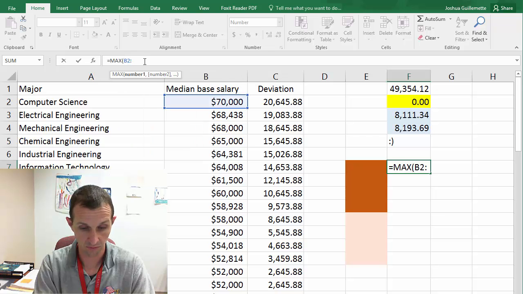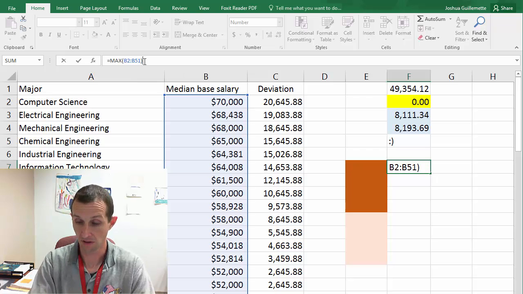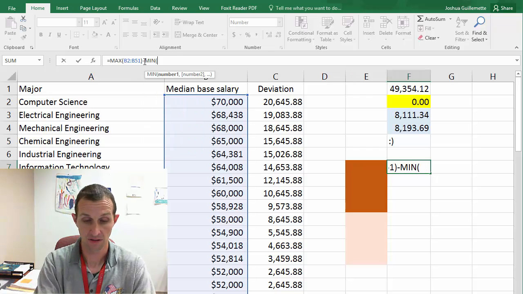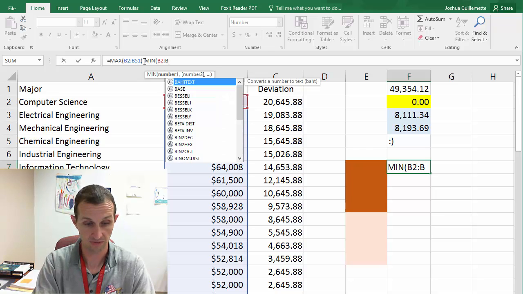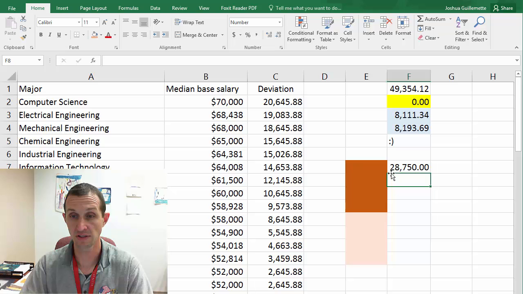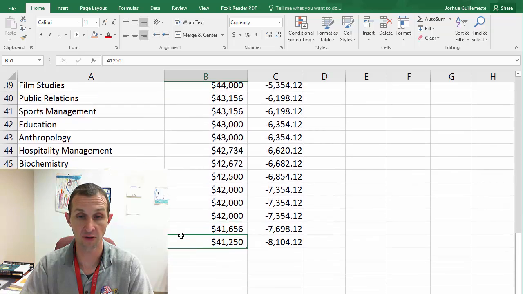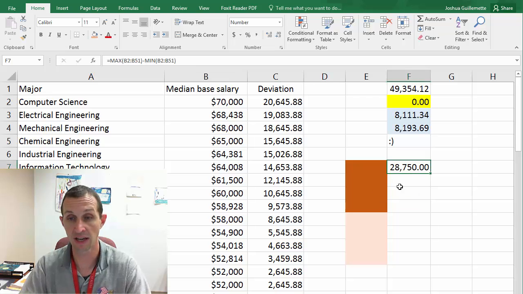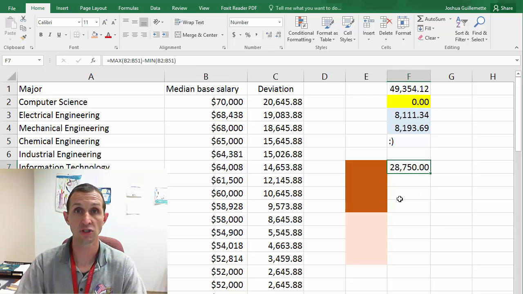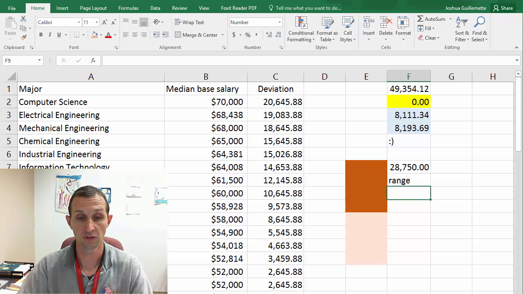B2 to B51. Yep. All right, and then minus the min of B2 to B51. And then I hit enter, and you see that it's 28,750. And of course, if you take 70,000 and you subtract 41,000 from it, you would get basically about $29,000, which is what you see here. So this would be the range of values.